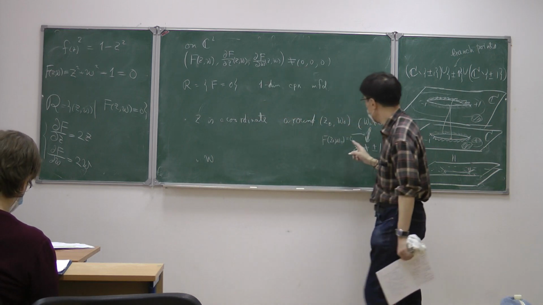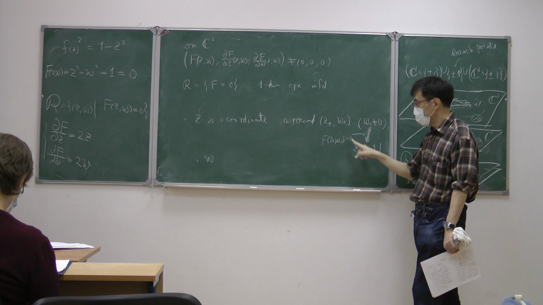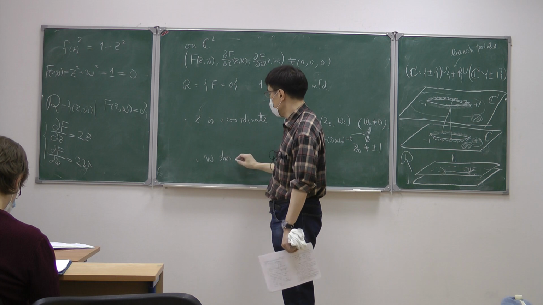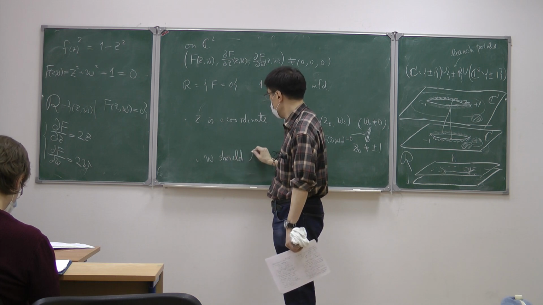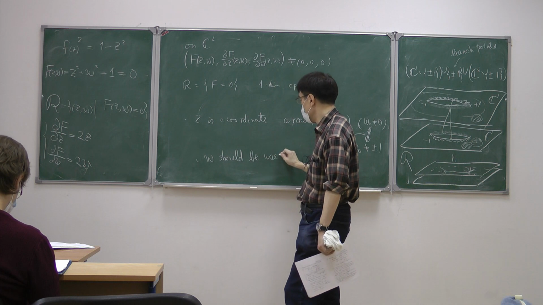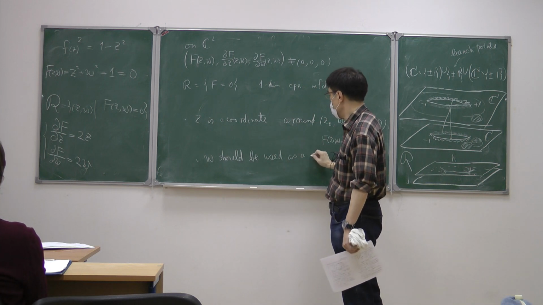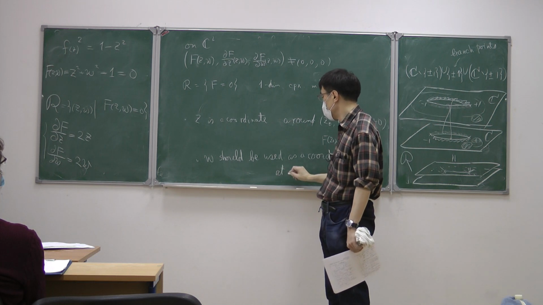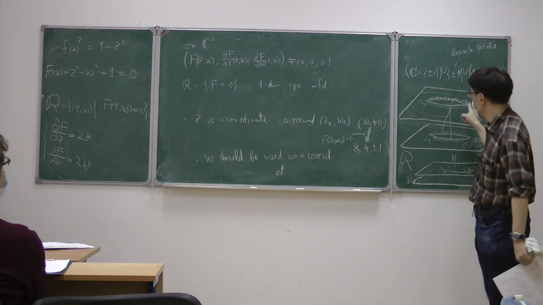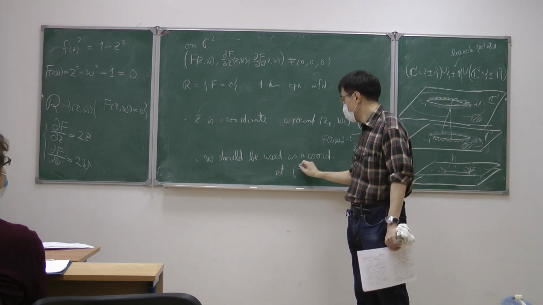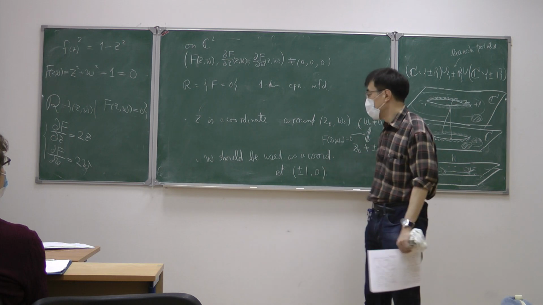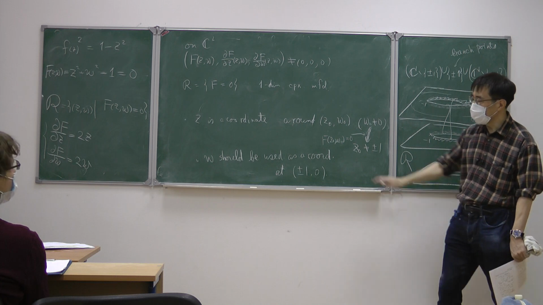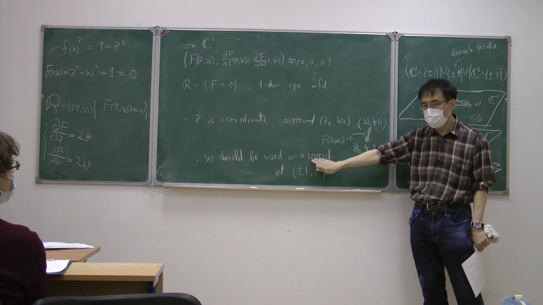But when w is 0, we cannot use z as a coordinate at these points. Instead, we should use w.